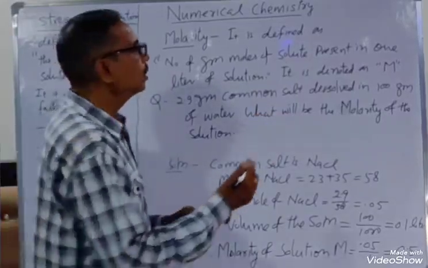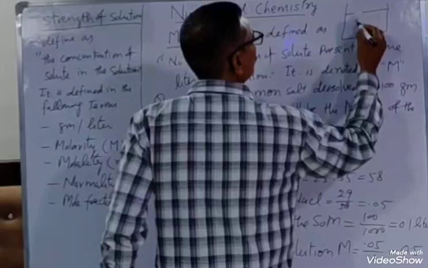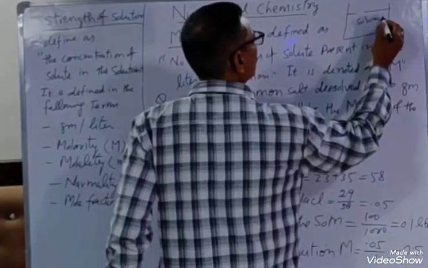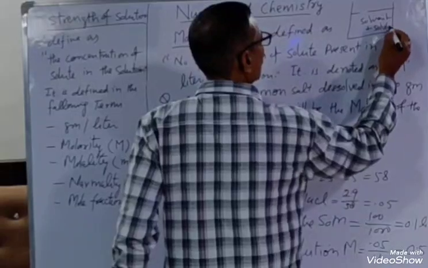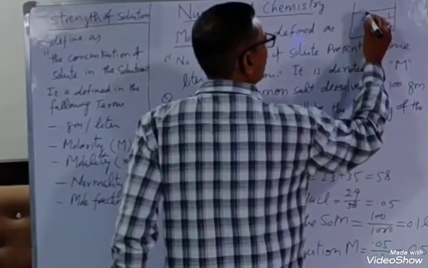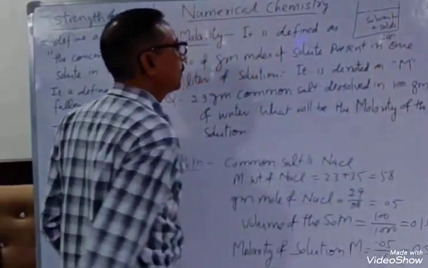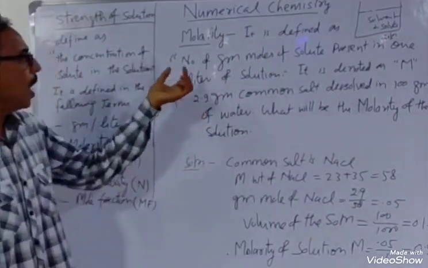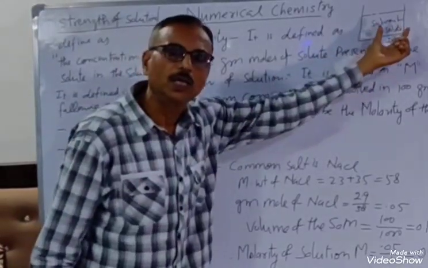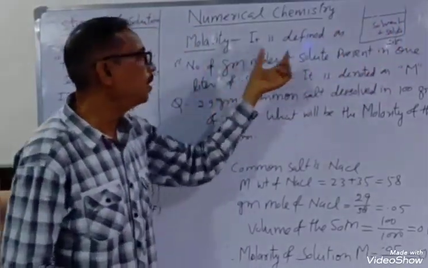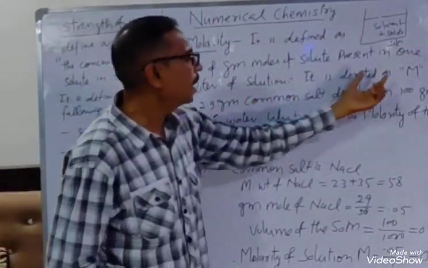It means, suppose this is the solution, containing solvent plus solute in the dissolved form, and the total is called solution. So how many gram moles of solute are present in this solution is the molarity of this solution. It is denoted by capital M.